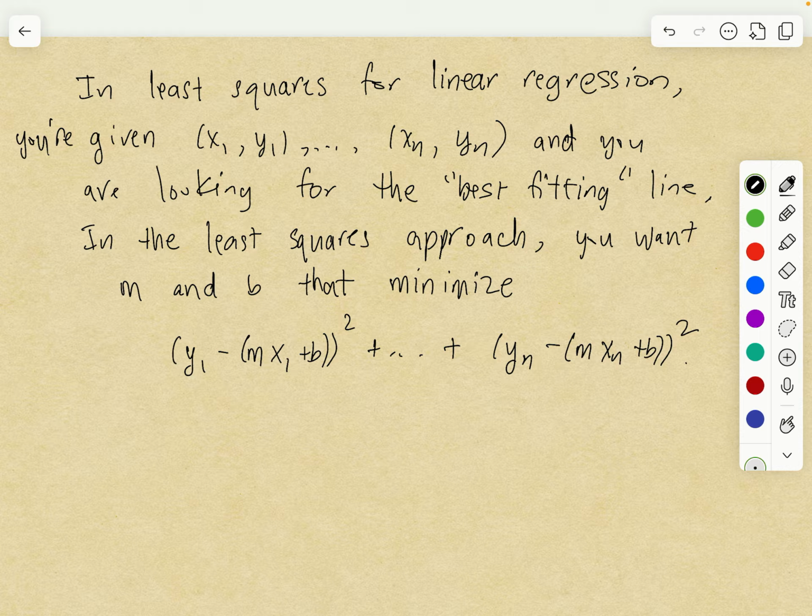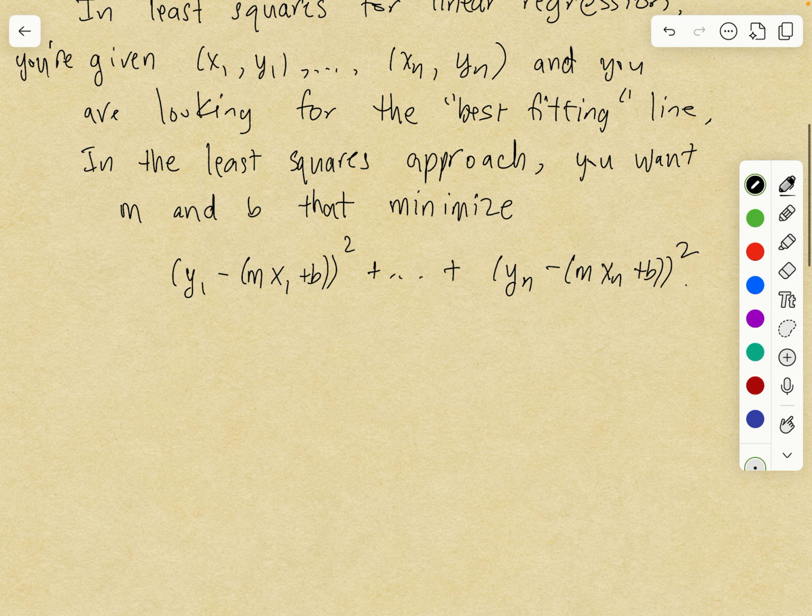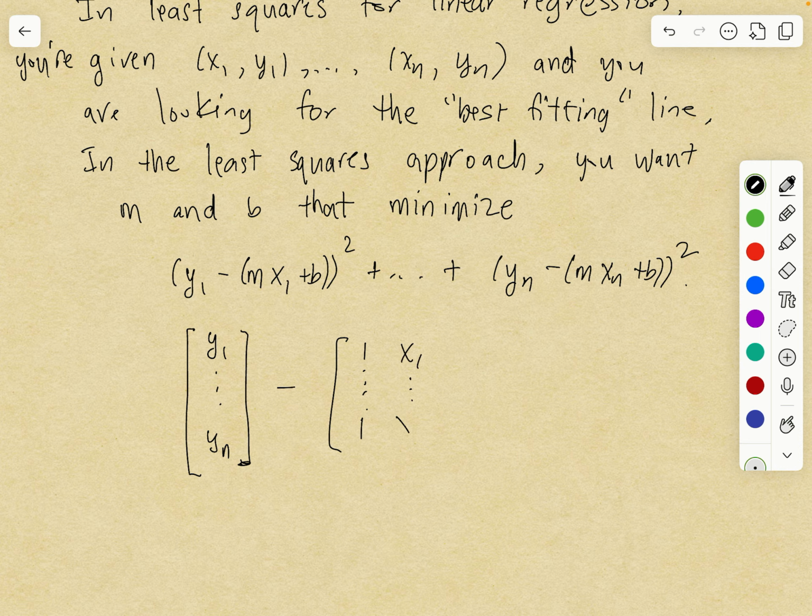And so this can be rewritten as, if you take this vector, y1 to yn, and you subtract, you take this matrix, which is all ones and then x1 to xn, and then multiply it by the vector (b, m).